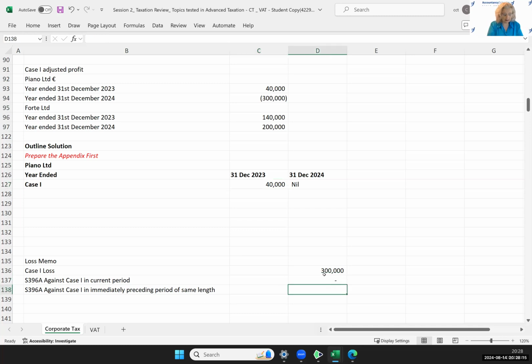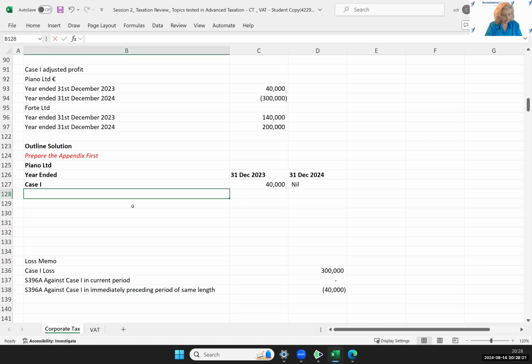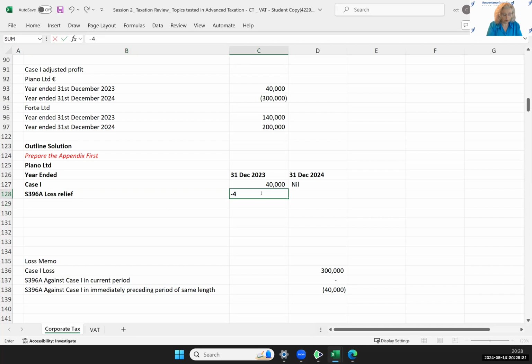How do we do that? We take 40,000 of the losses, we bring it back, section 396A. So euro for euro, we're offsetting that case one income.